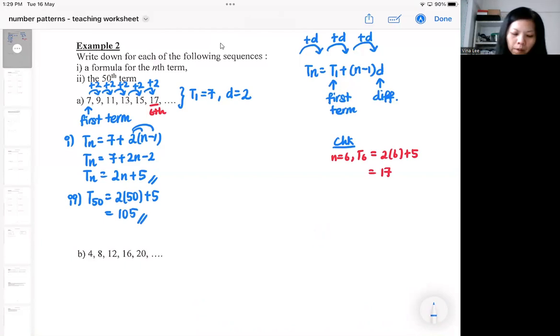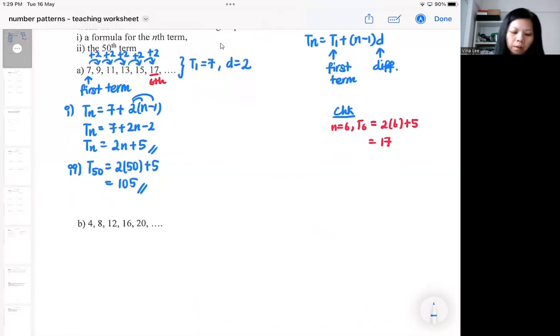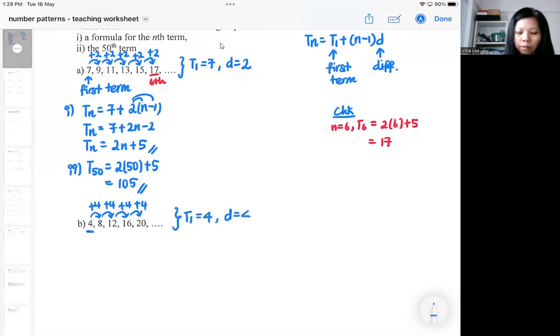Okay, so for the second one, you might want to check whether it is a common difference or not. It's actually another common difference. In this case, the common difference is 4, and the first number is 4 as well. The difference is also 4. You keep adding 4.